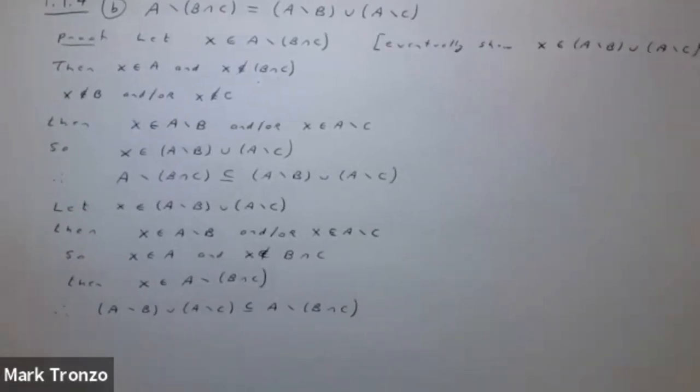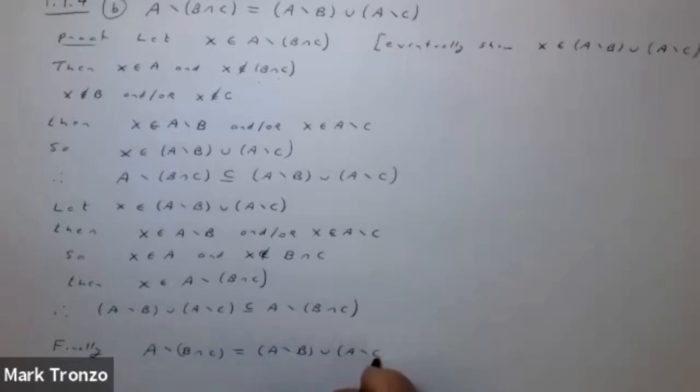So therefore, we've proven what we wanted to prove. So finally, A complement B intersection C is equal to A complement B union A complement C, like that.